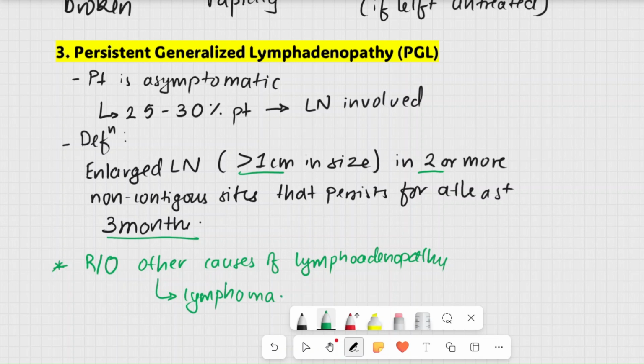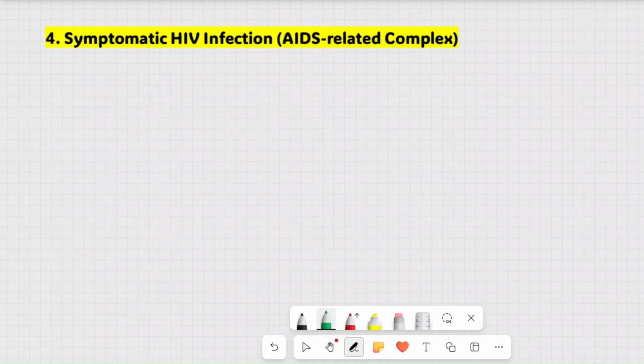Okay, so this is all about the third stage. Let's go towards the fourth stage, that is called symptomatic HIV infection or AIDS related complex. Now see, this is the stage where the latency is broken, guys.